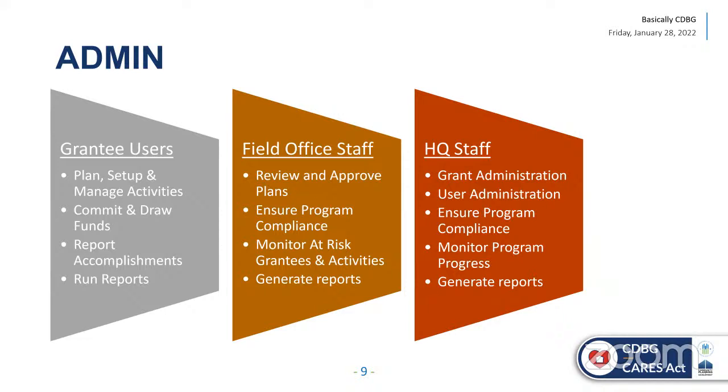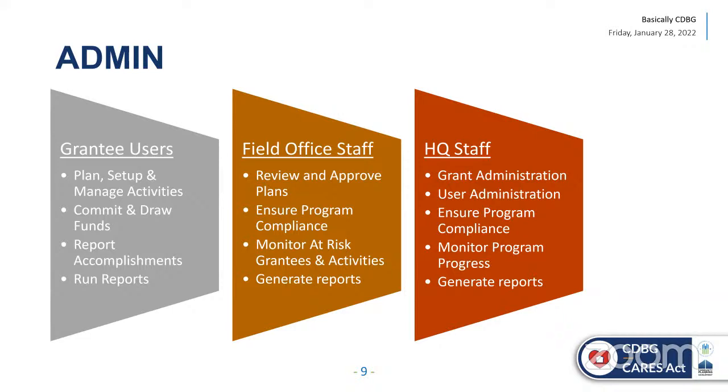After your comp plan and action plan are submitted through IDIS, the field office users will review and approve those plans. The field office staff also enter the program year start and end dates into IDIS for the grantees. They also enter the grantee contact information, address, and so on.